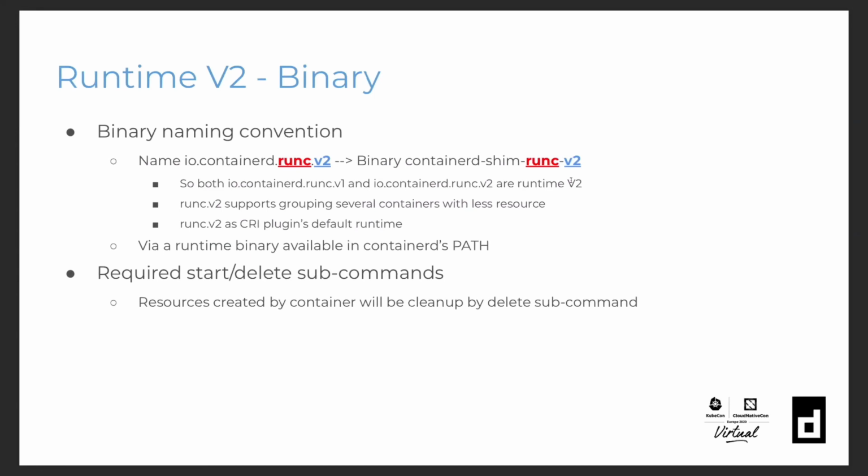In order to make the integration easier, Kubernetes brings a binary name convention. For example, when you use io.containerd.runc.v2 as the shim name, Kubernetes will convert it to the binary name containerd-shim-runc-v2. So you will use the binary name to find the binary path and start it.